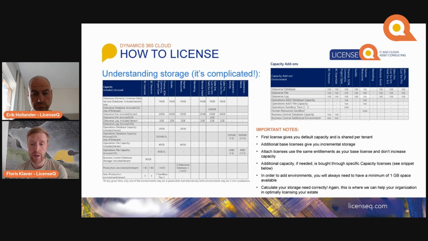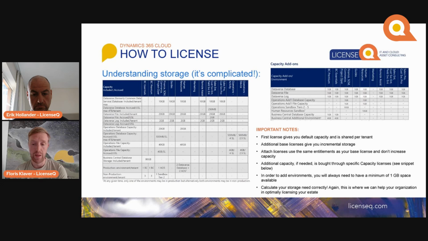Attached licenses use the same entitlements as your base license and don't increase capacity. So it's not like I bought 250 base licenses and 250 attached licenses, so I get 500 times the accrued value per user. Now you only get 250.